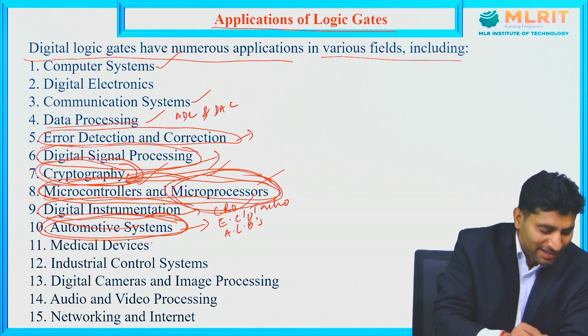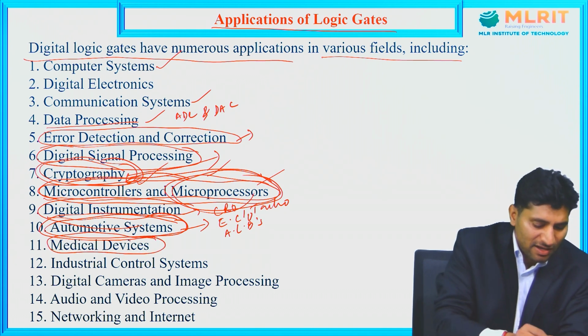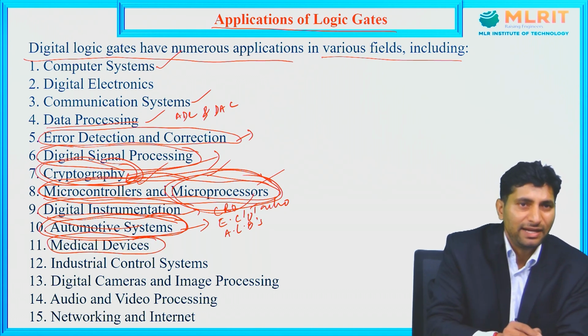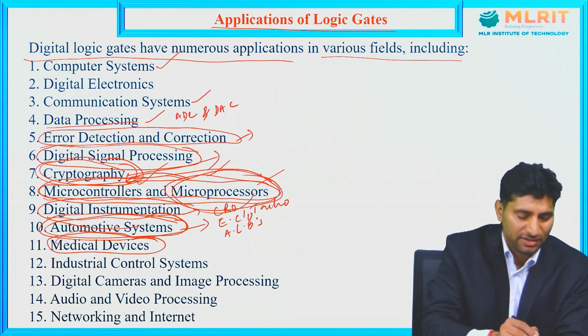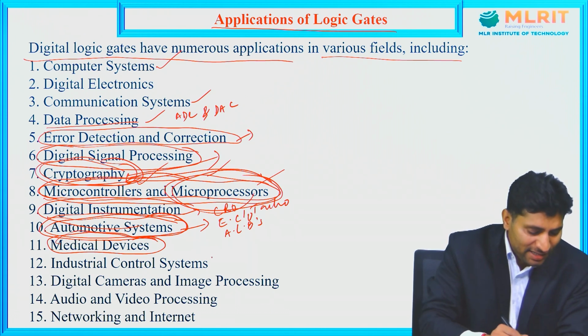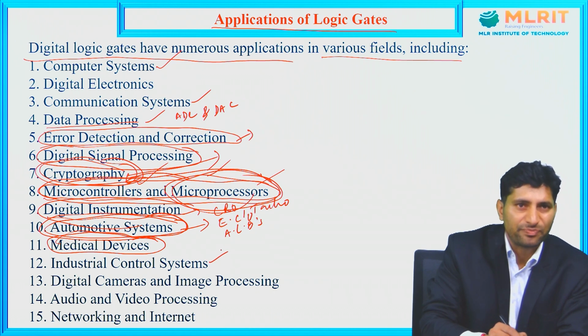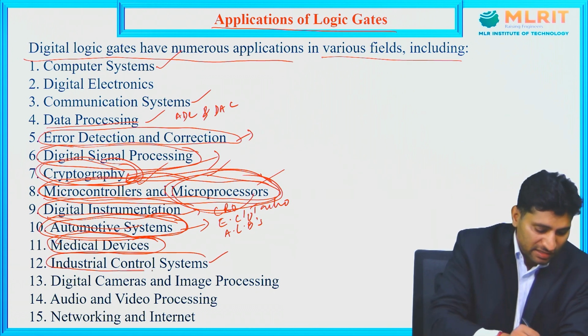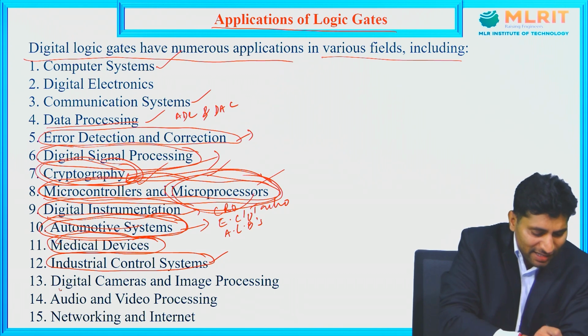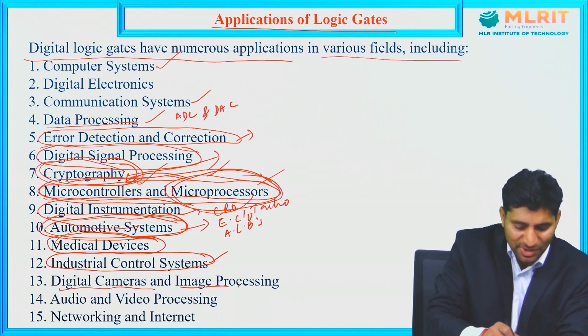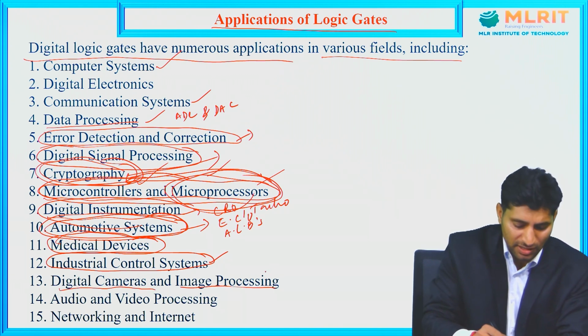Not only that, in EEG machines or ECG machines, the inner circuitry can be designed with the help of these logic gates. Not only that, in industrial control systems like conveyor belt designing, I can use these logic gates. Not only that, in DSLR cameras and image processing units, I can use these logic gates.